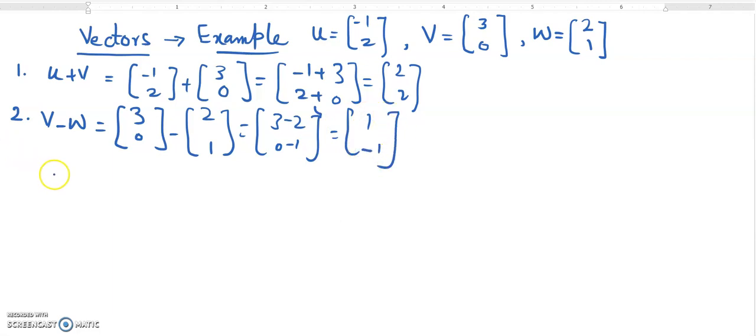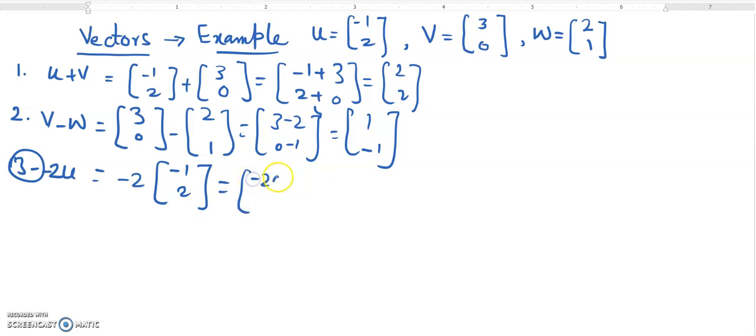If you want to calculate -2u, it will be -2 times u, which is (-1, 2). So it will be -2 times -1 and -2 times 2, so it will be (2, -4).